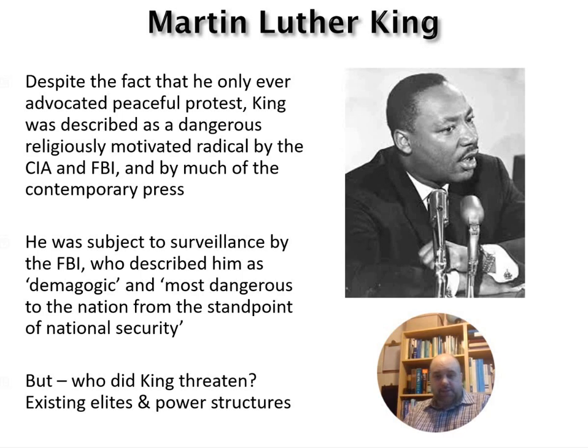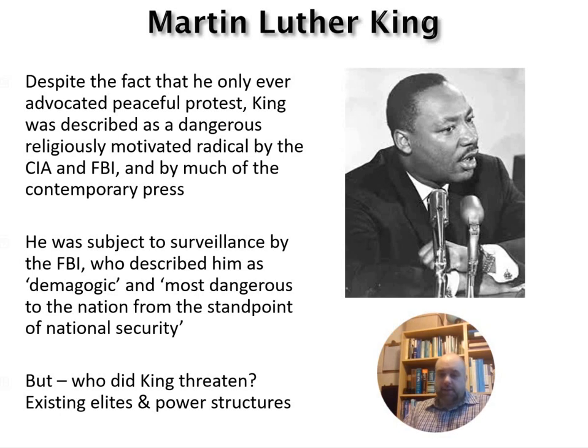They implied that this guy is dangerous, that he is a religiously inspired lunatic, and that he is a threat to national security. And this, despite the fact that King in reality was sworn to non-violence. He was a Gandhian. He believed very strongly in non-violent protest only.